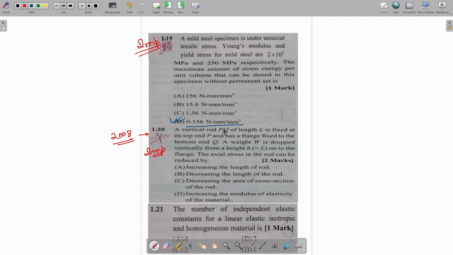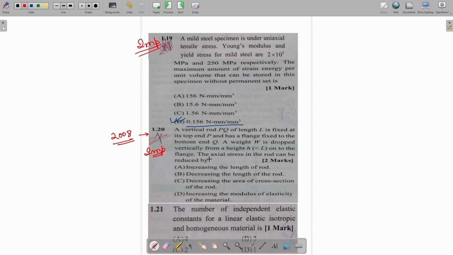A vertical rod PQ of length L is fixed at its top end P and has a flange fixed to the bottom end Q. A weight W is dropped vertically from a height H, which is less than L, the length of the rod, onto the flange. The axial stress in the rod will reduce by which of the following? Increasing the length of the rod, decreasing the length of the rod, decreasing the cross-sectional area of the rod, or increasing the modulus of elasticity of the rod material.